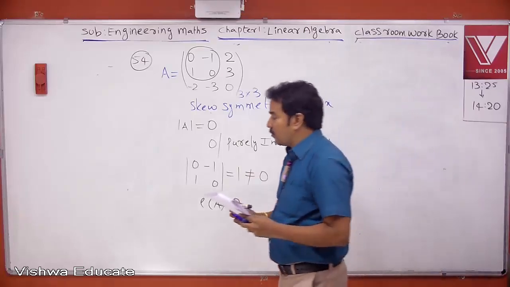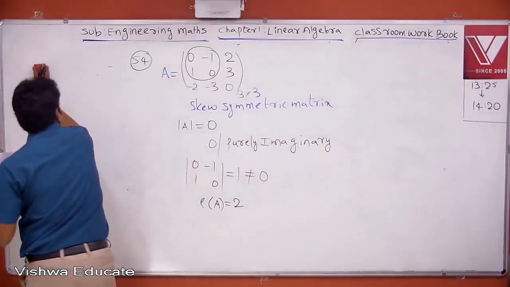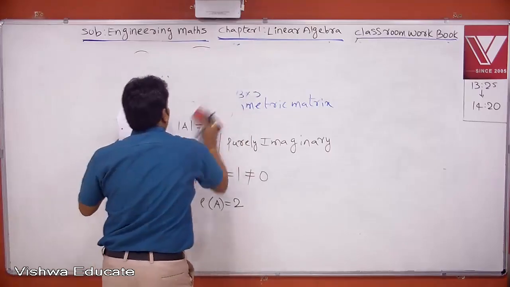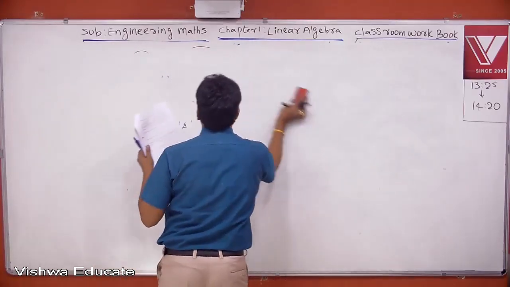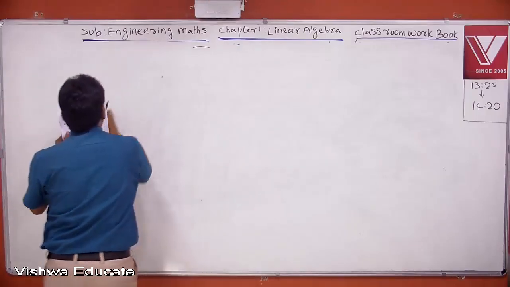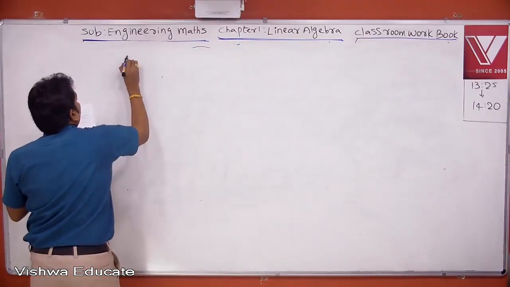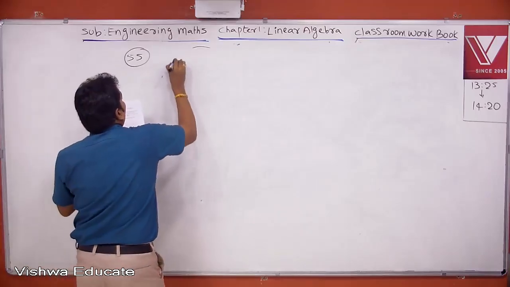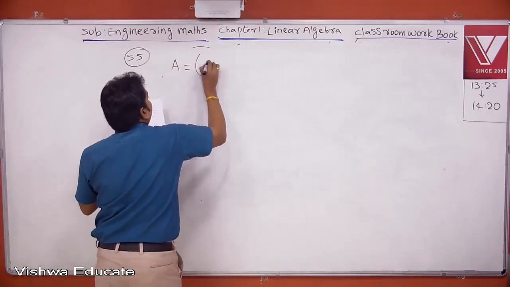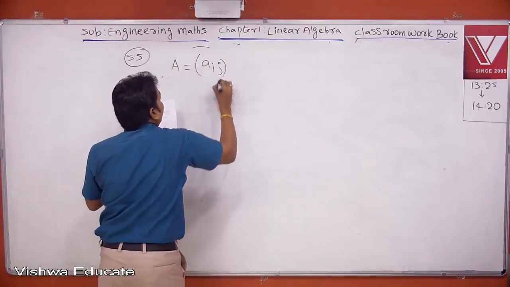Now let us move to question number 55. Very, very worthwhile question. Let A equal to Aij, elements are denoted by Aij.